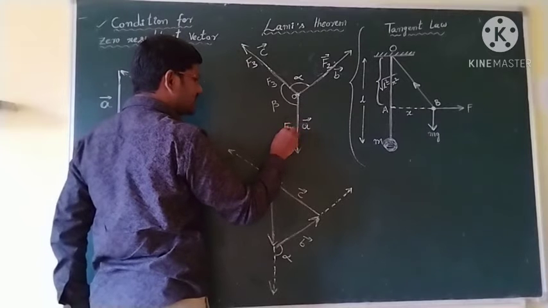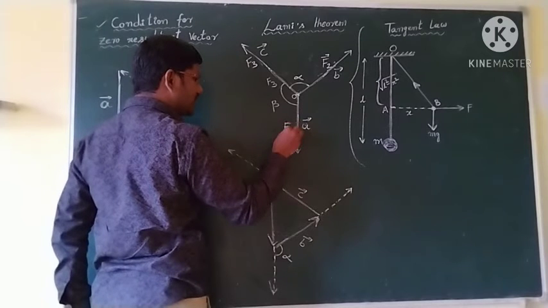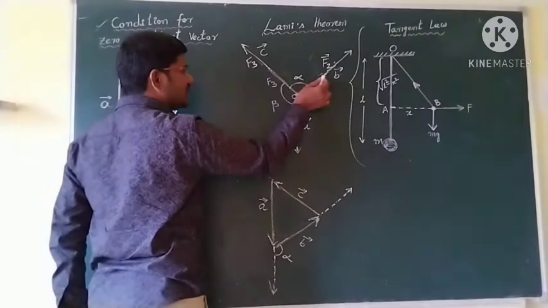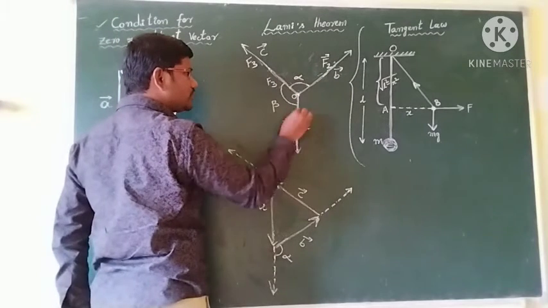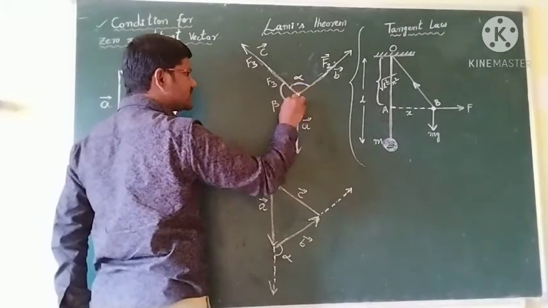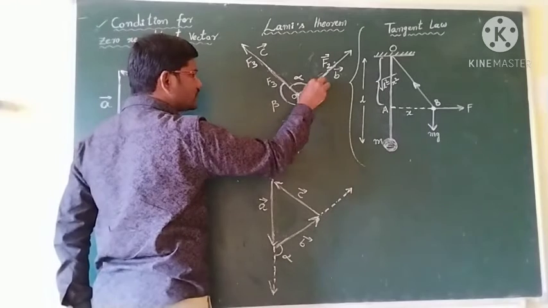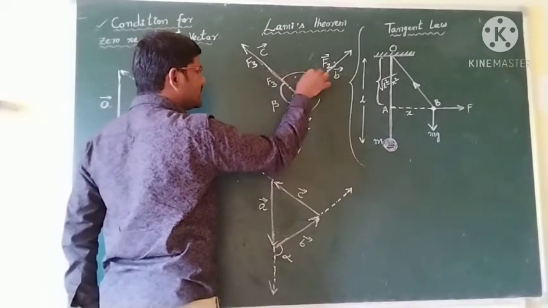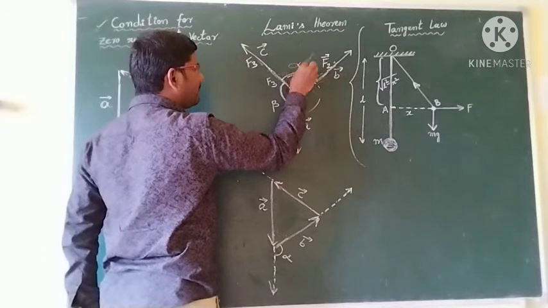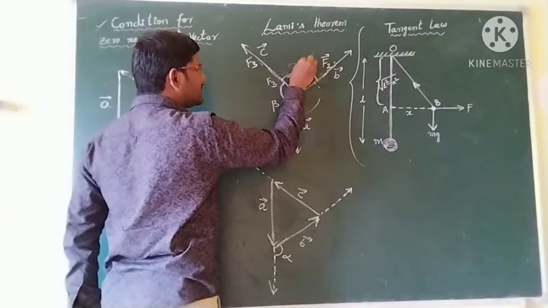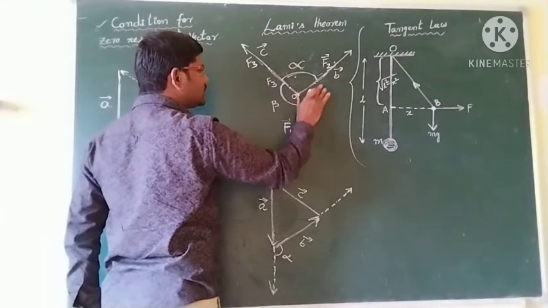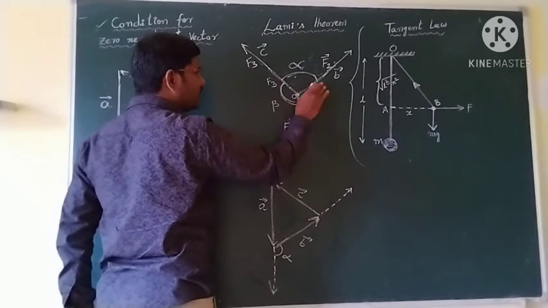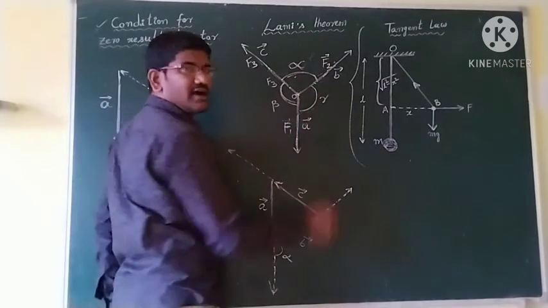Okay, students, this is the force vector F1. The angle opposite to the first vector is alpha, this is beta, and this angle, what do you know children, is gamma.